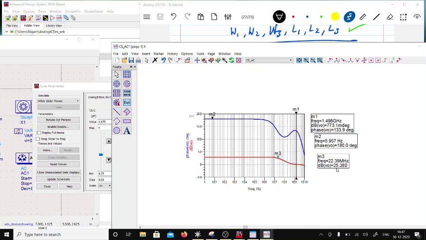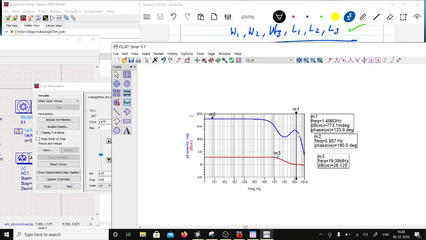And the first corner is occurring at 22 megahertz, right? So I can use this amplifier up to 22 megahertz with a gain of 26 dB. The first corner frequency is around 20 megahertz. So I can use this gain stage up to 20 megahertz.